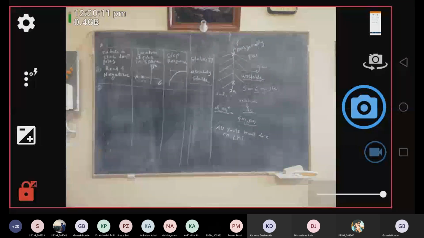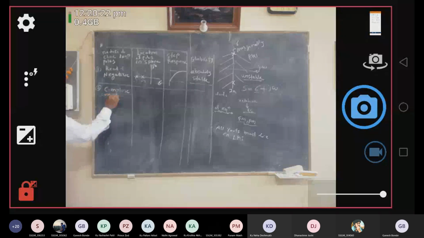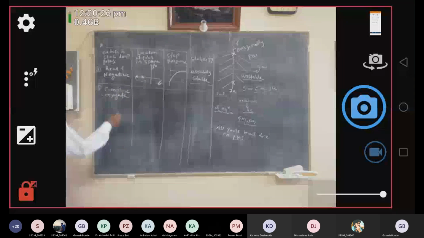Then the second case we are considering is a pair of complex conjugate poles with negative real part.